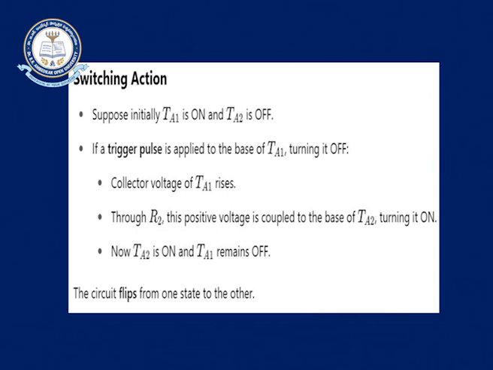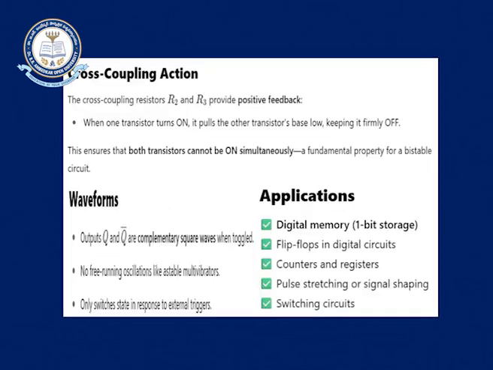Okay. The other one is the coupling action, where the coupling resistors R2, R3 provide the positive feedback. Also, if one of the transistors is on, it pulls the other transistor's base low, so that it becomes off.